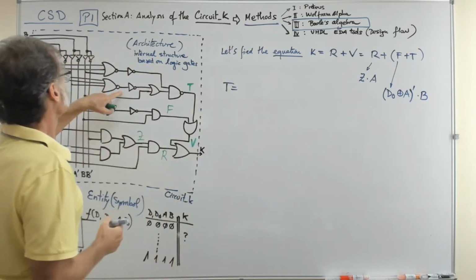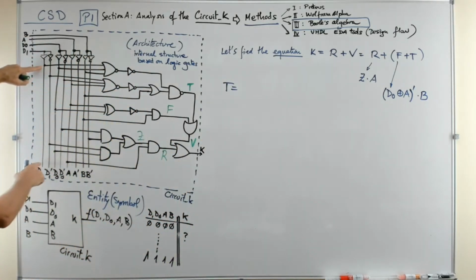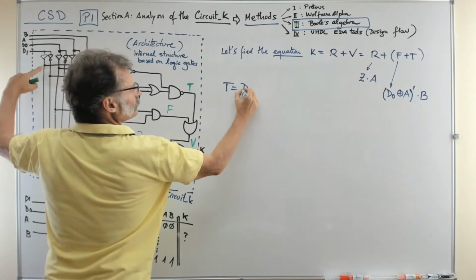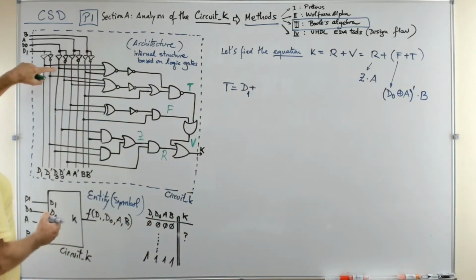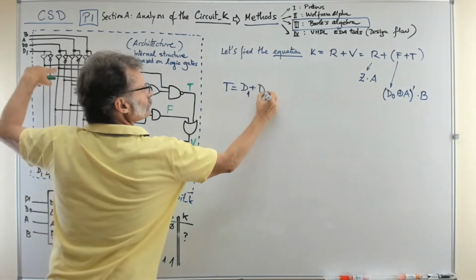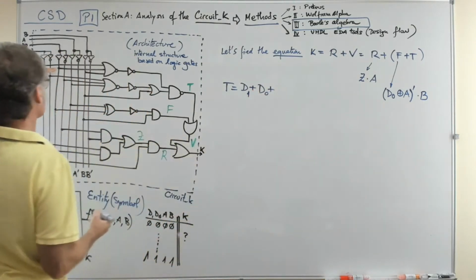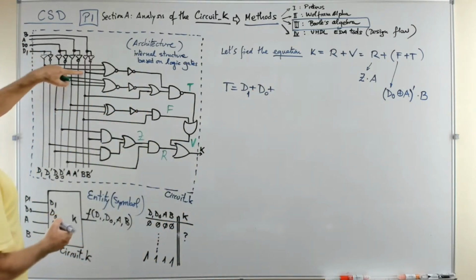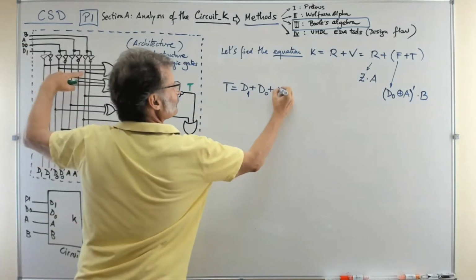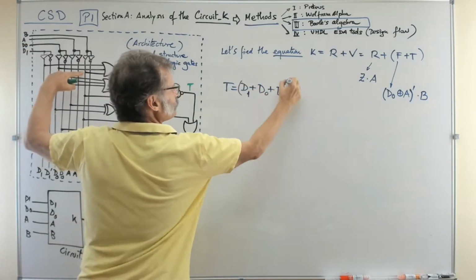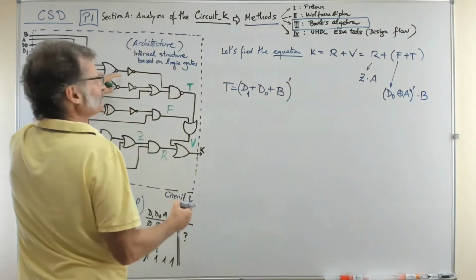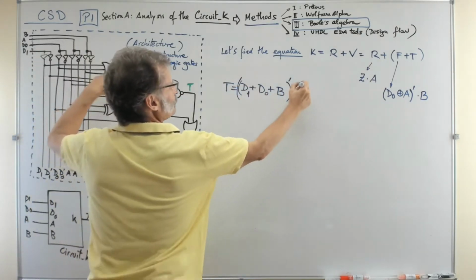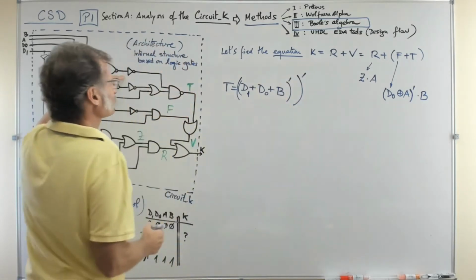So T is going to be, you see, D1 or D0 or B, and now you have a NOR, so it's a not, and then you have another not, like that.